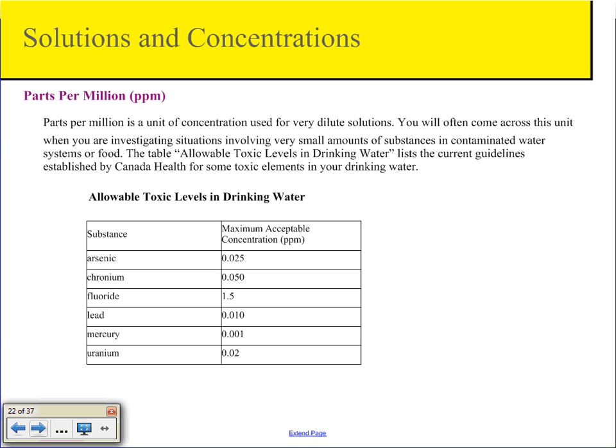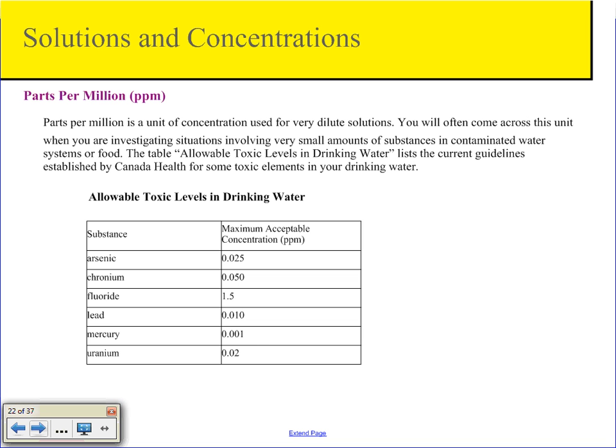All right, parts per million. Parts per million is a unit of concentration used for very dilute solutions. You will often come across this unit when you are investigating solutions involving very small amounts of substances in contaminated water, systems, or food. The table, Allowable Toxic Levels in Drinking Water, lists the current guidelines established by Canada Health and Safety for some toxic elements in your drinking water.